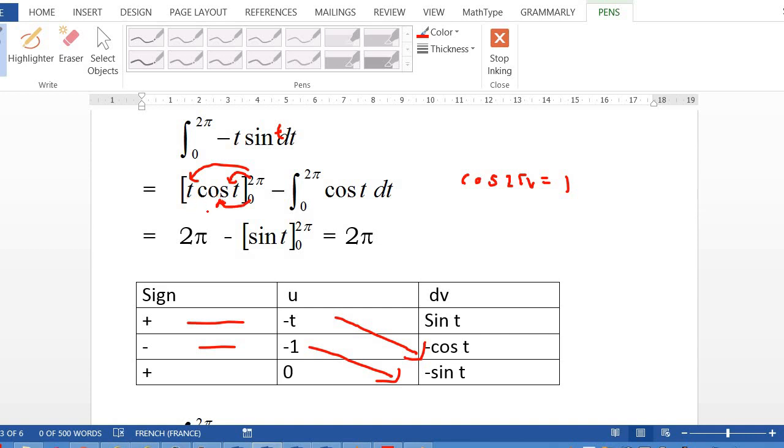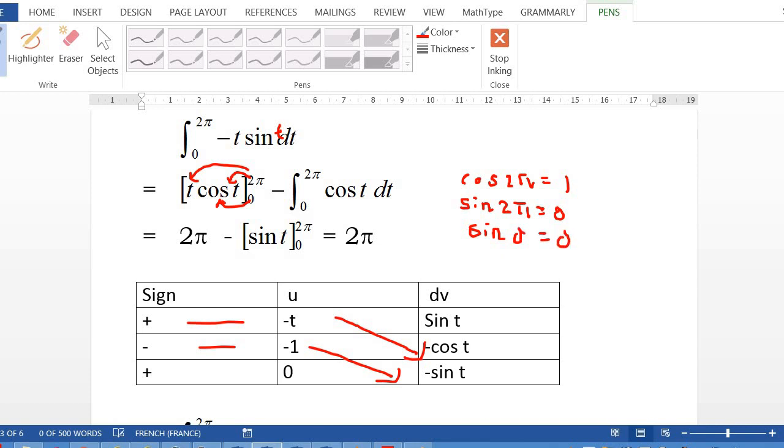That's why for this integral we get 2 pi. Then minus sin t: when you plug in 2 pi into sin t, sin 2 pi is 0, and sin 0 is also 0.